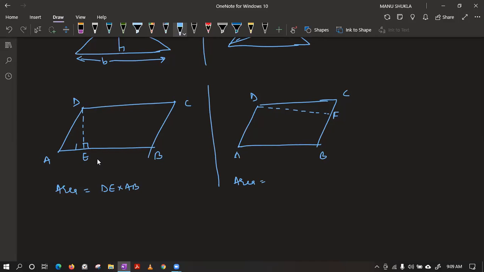It will be DF into BC. Very good. So this way we have to understand that the height should be perpendicular.